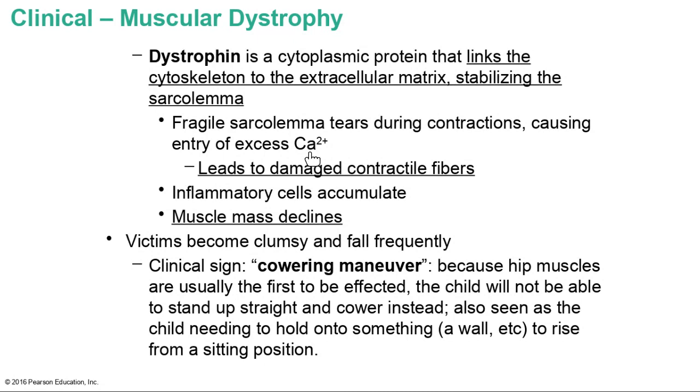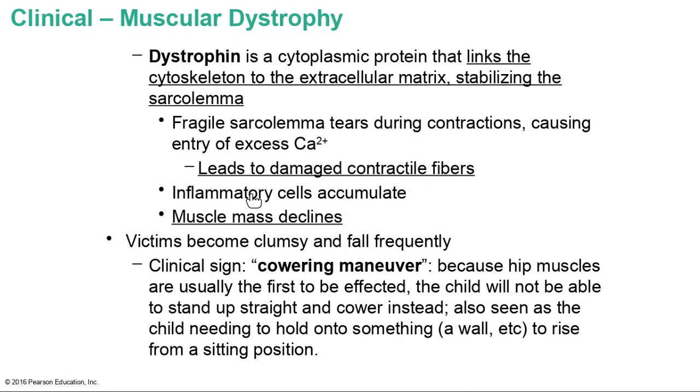In skeletal muscle, if you have a whole bunch of calcium coming in, it ends up destroying the contractile fibers. It will actually start to calcify these fibers, and this is going to lead to an inflammation response.